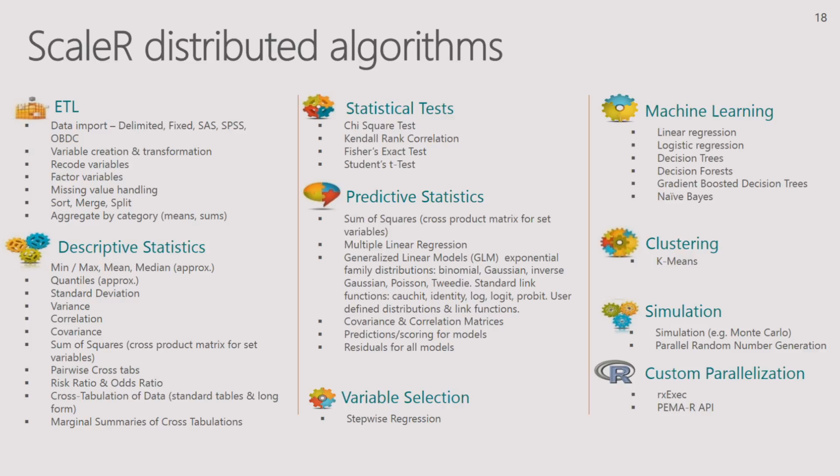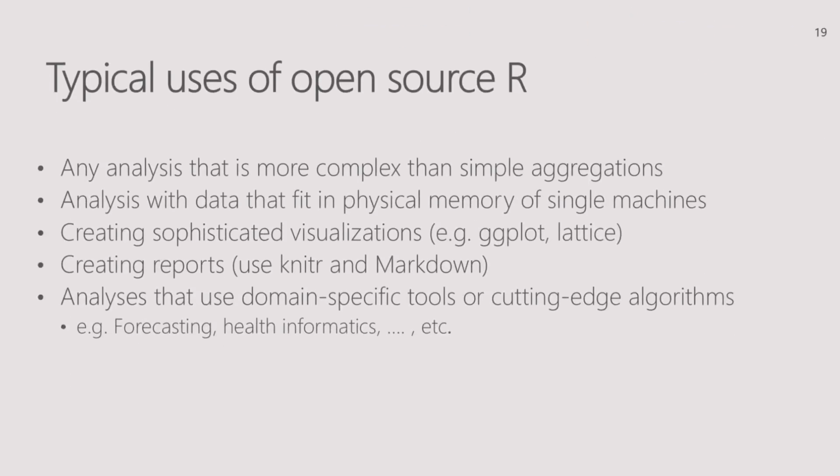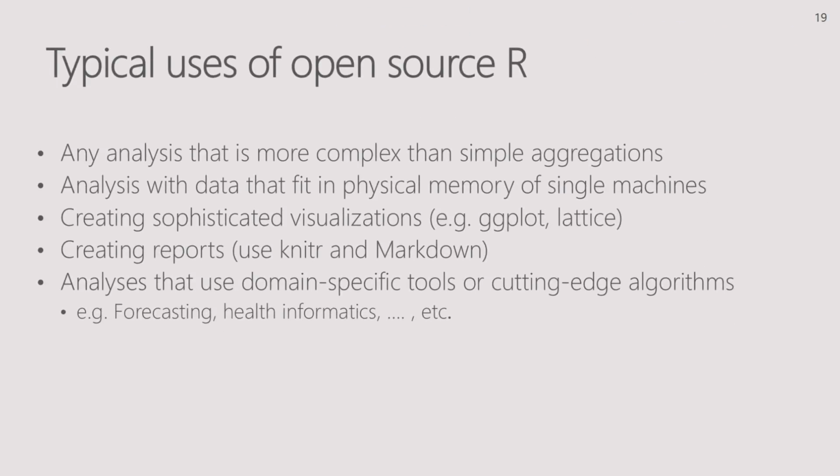So if there are some machine learning algorithms from open source R that you would like to adopt, and you want to train the model doing cross validation or multiple folds, this would be of benefit, because you can distribute on multiple chunks of the data and do cross validation and get your optimized result as a result of the process. So I hope I gave you an appreciation for what is available in scalar in terms of the functions and other extensions that you can do with open source R packages.